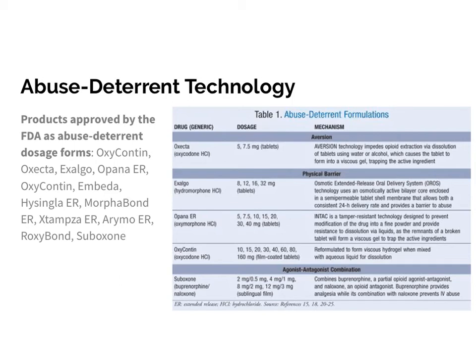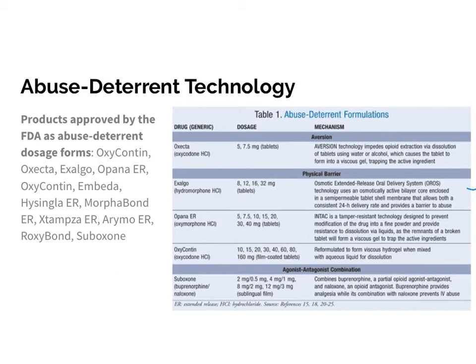Some of them are Oxecta, Exalgo, OxyContin, Suboxone, Embeda, just to name a few. I will note that OxyContin didn't originally have this technology, but they reformulated as a result of all the problems that they had with the abuse potential of their original formulation.